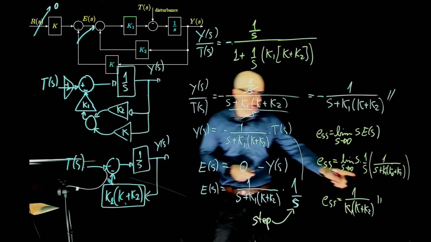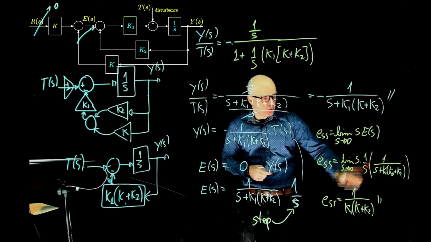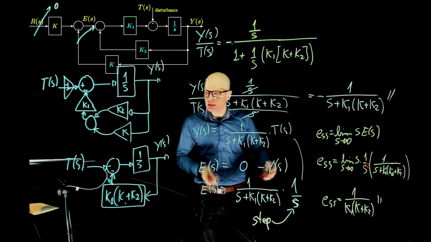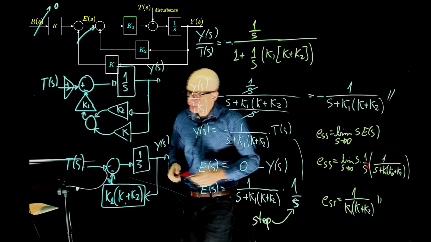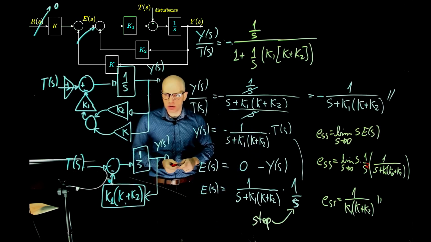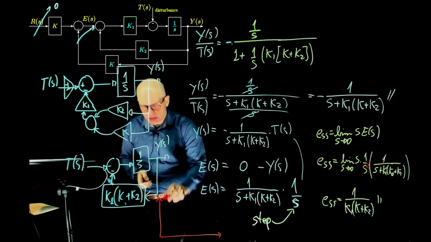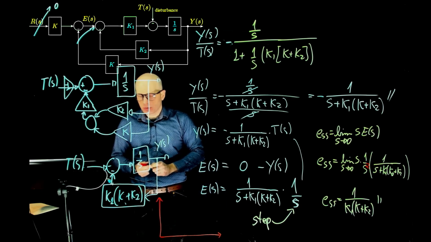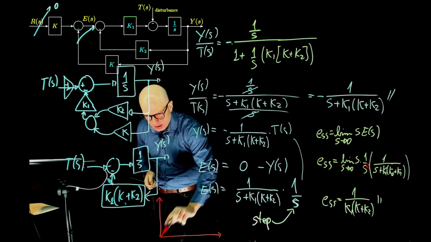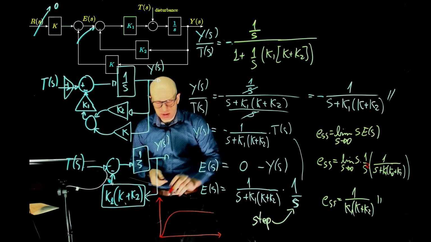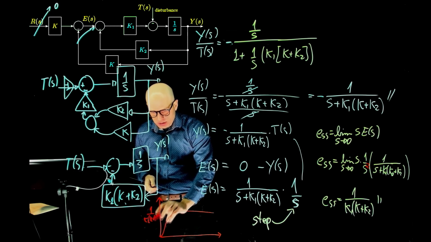Right. So this is a step. If we had a ramp, this would have been squared, and then we would have the limit of 1 over s. When s tends to 0, it would tend to infinity. And that would make perfect sense. This is what we are saying here. If the system is subjected to a step disturbance, then it will have some transient, and in steady state will reach something like that, and this value is 1 over k, k plus k, whatever that is.